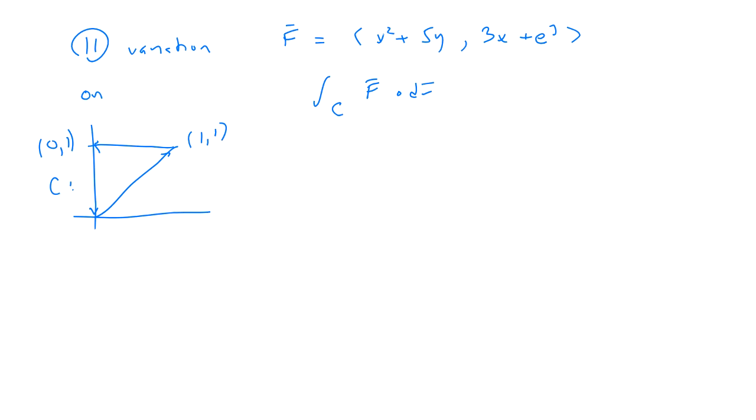So this one, you can see it's a closed curve. So going from what we did in the last one, we should be checking to see if this is conservative. Is this conservative?